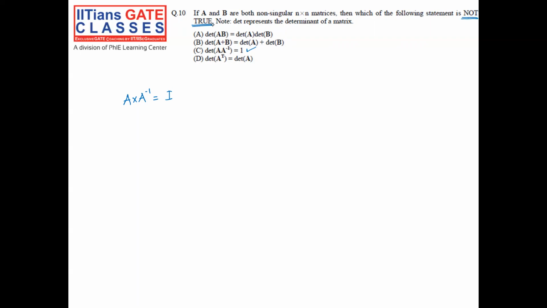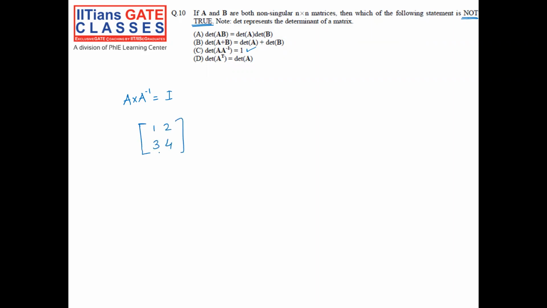Looking into the other options, we can see that option D also looks correct. That is, determinant of A transpose equal to determinant of A. What is happening in A transpose? Just our elements Aij are becoming Aji. For example, we take a simple matrix 1, 2, 3, 4.